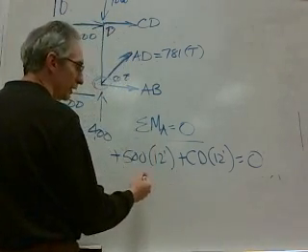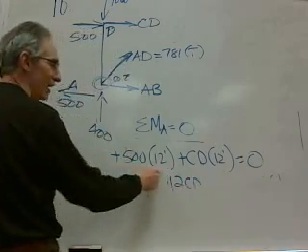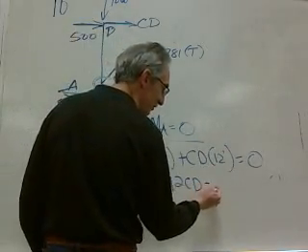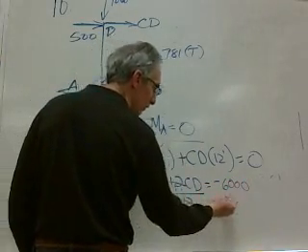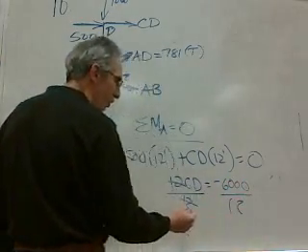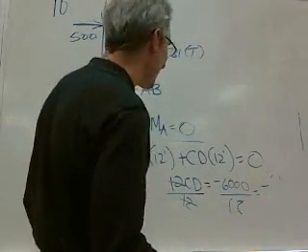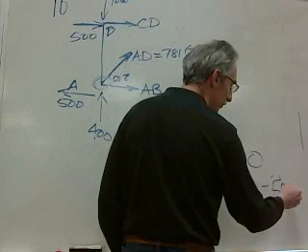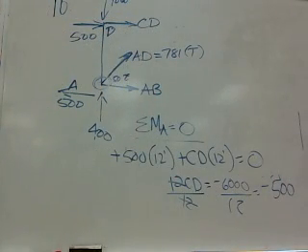You could solve this real easily. This is 6,000. It becomes a negative 6,000 on the other side. Divide through by 12, and lo and behold, CD comes out to be a negative 500. Now what does negative mean? Compression.